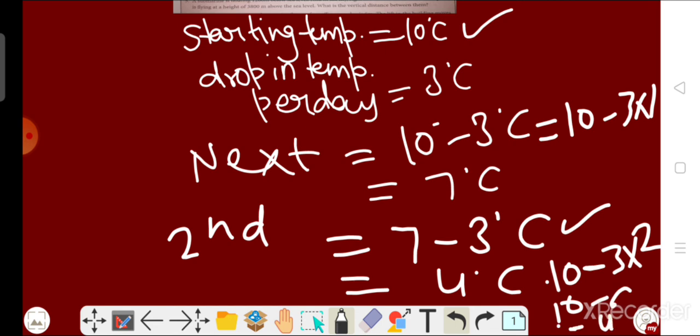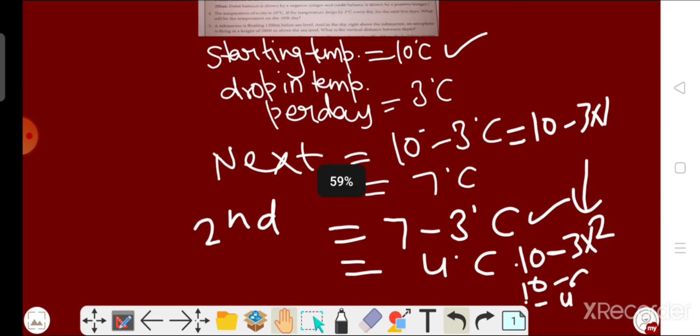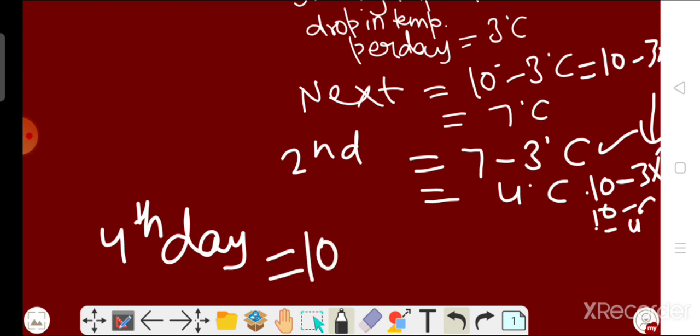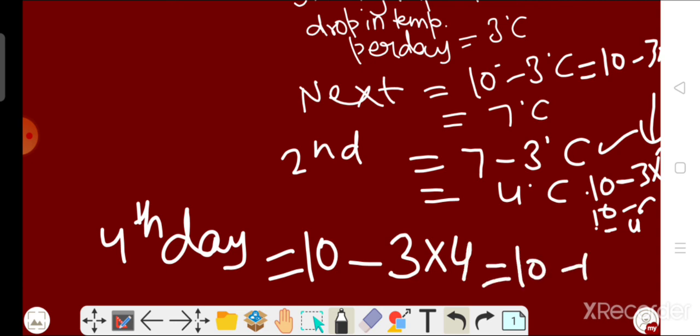By following this pattern, beta, we can calculate the temperature of any day. Any day means 4th day, 3rd day. For example, to calculate the temperature of the 4th day, it is equal to 10 minus 3 multiplied by 4, and that is 10 minus 12, and the temperature on the 4th day will become minus 2 degrees Celsius.